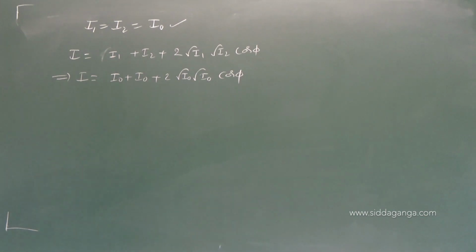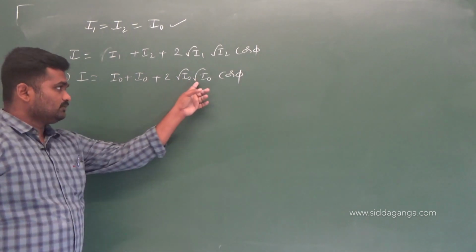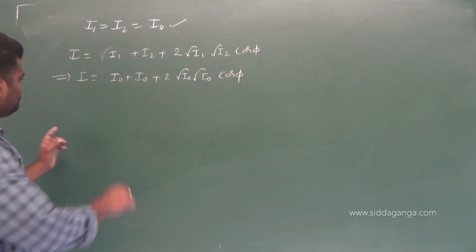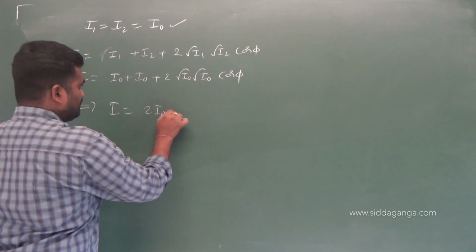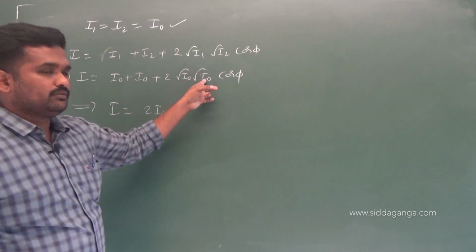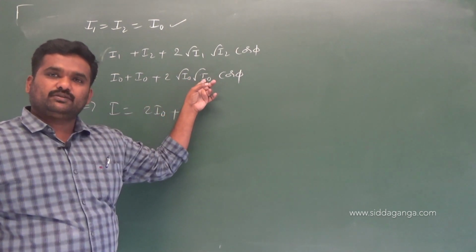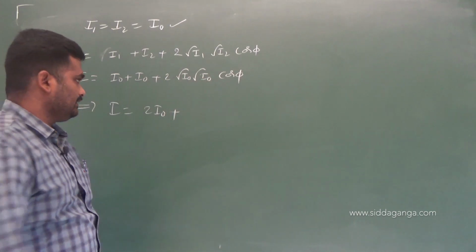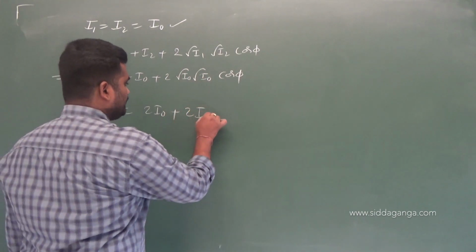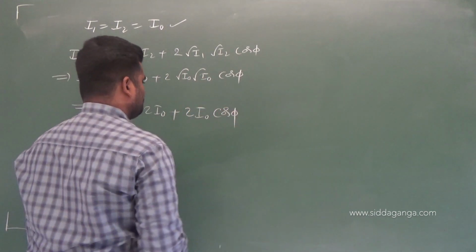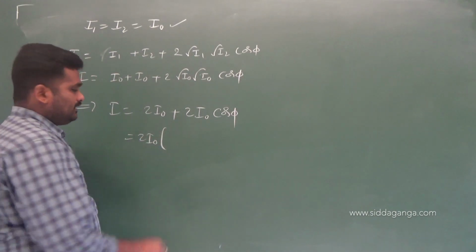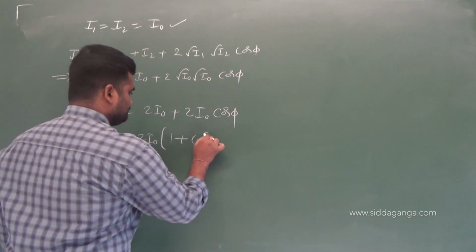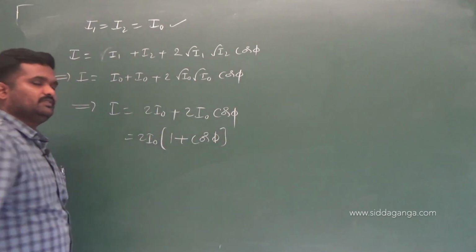I equals 2 I0 plus, root I0 into root I0, square and root get cancelled, it is I0, so 2 I0 into cos phi. See once again, if I take 2 I0 common, remaining is 1 plus cos phi.